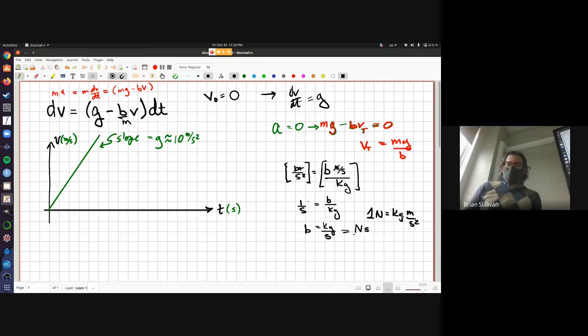A Newton is a kilogram meter per second squared, times seconds over meters. I cancel my meters and I cancel 1 second, which gives me a kilogram per second. Good. So Newton second per meter, or a Newton per meter per second.